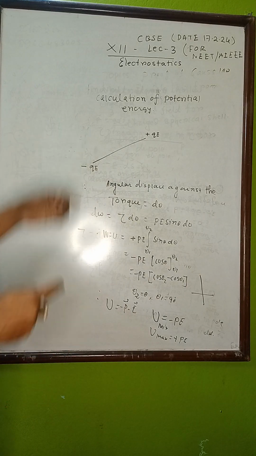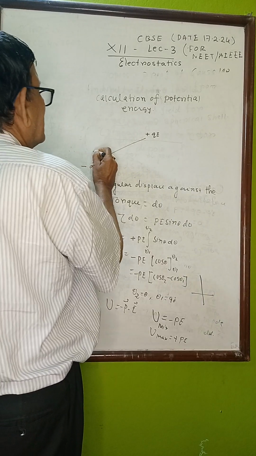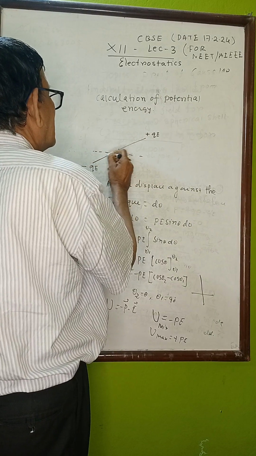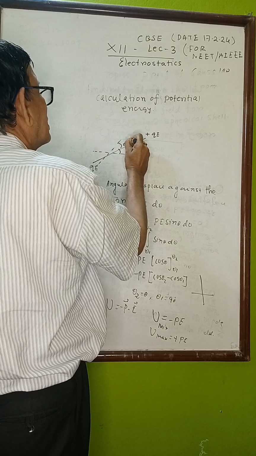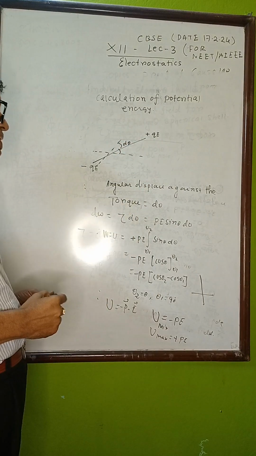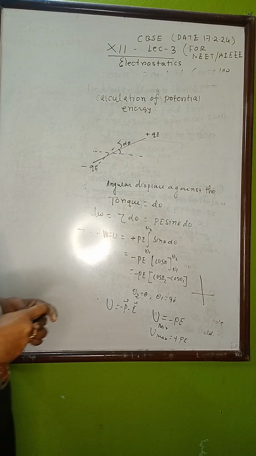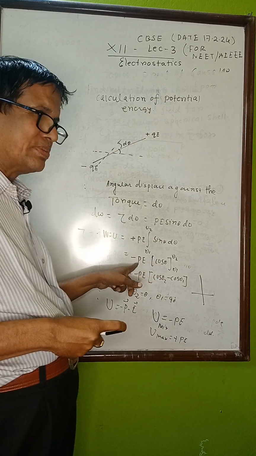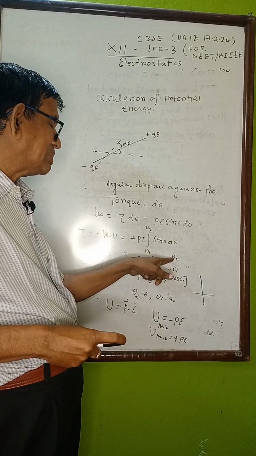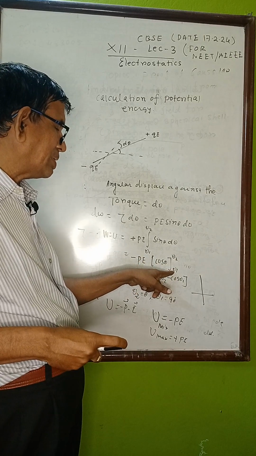Again I am telling, suppose a dipole is placed at this theta. Now the dipole is displaced by d theta against the torque. So negative work is done, p sin theta d theta. So the integral of sin theta d theta is minus cos theta, minus coming outside, with upper limit theta 2 and lower limit theta 1.